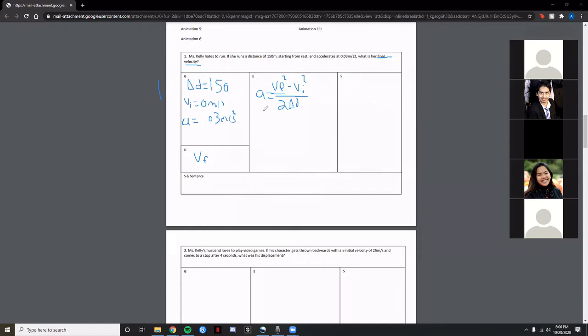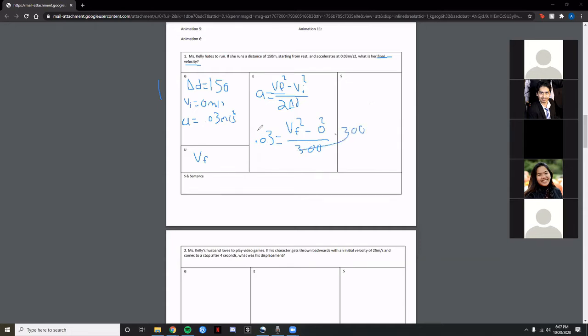So I wouldn't isolate first. She wants us to isolate first. So what I would just do is plug in the numbers, like Mr. Finch says, plug and play. So I got 0.03 equals v of f squared, which is what we're trying to find, minus 0 squared over 2 delta d, which is 300. Then I would isolate like that. So I would multiply 300 on both sides.